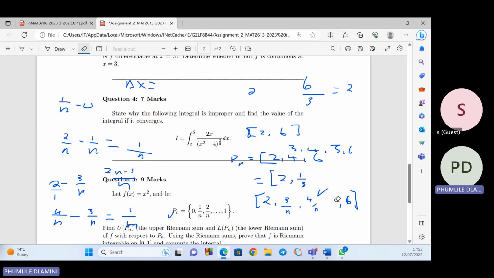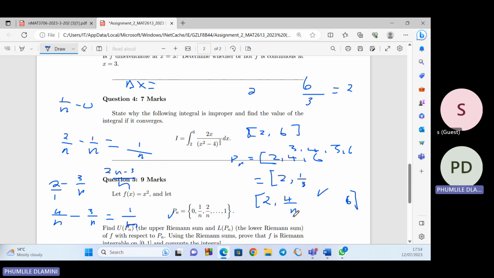So which means this interval, the partition, is wrong. So when our partition is wrong, what we're going to do is check it. So when I say checking it, if I divide by 2, then it's going to be 2, 4, 6. Then we can say we are going to divide it by 4 over n.